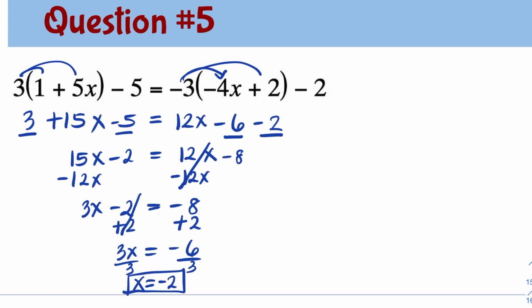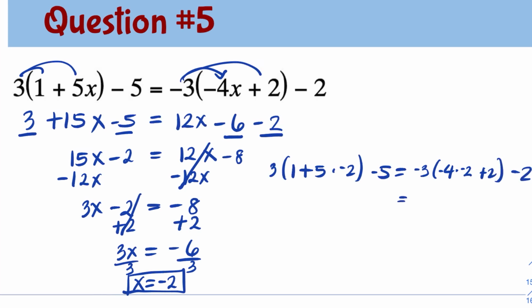Now let's verify the answer by plugging in negative 2 into the equation. So we have 3 times 1 plus 5 times negative 2 minus 5, that's on the left side. For the right side, we have negative 3, negative 4 times the negative 2, plus 2, and then minus 2.